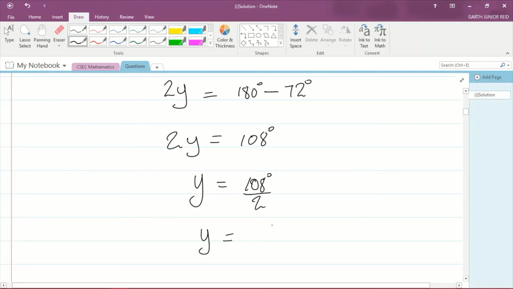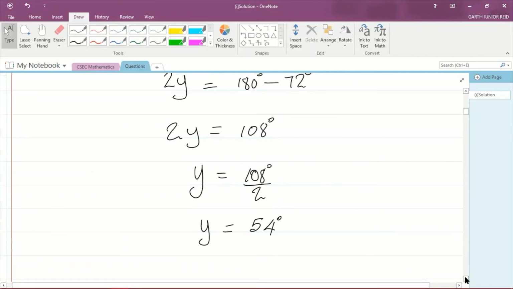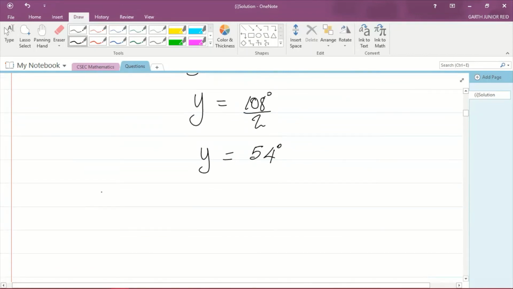So Y is now equal to 108 degrees divided by 2, that is 54 degrees. And 54 degrees is my answer. So angle CAD is equal to 54 degrees.